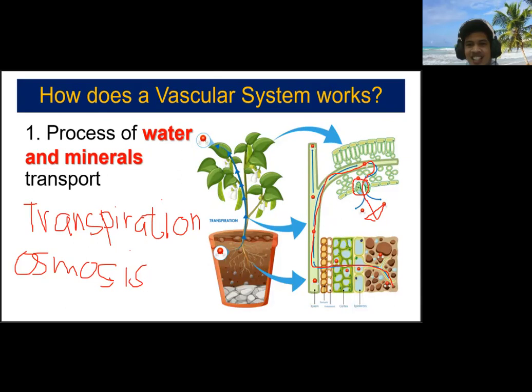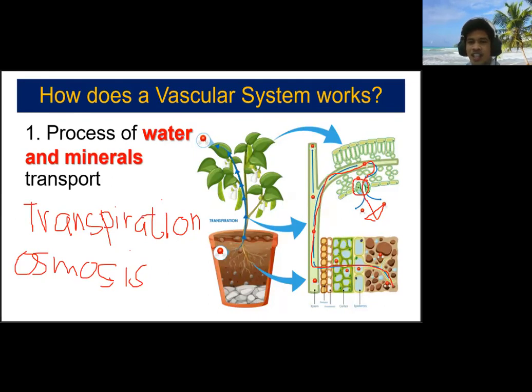It's active what? The process in which nutrients from the fertilizer enter the roots is called active. All right, that is correct. Very good, Oi. That is called active transport.